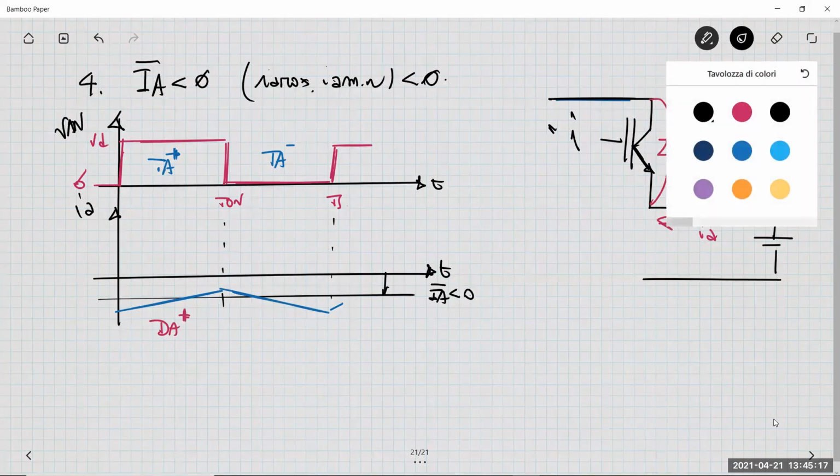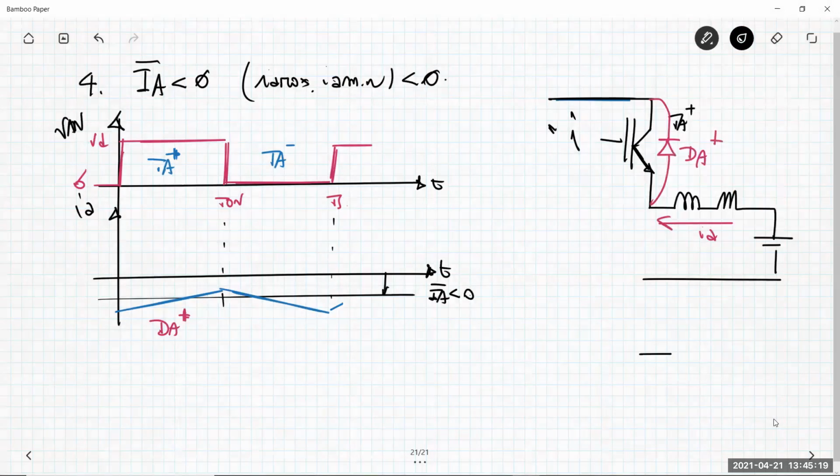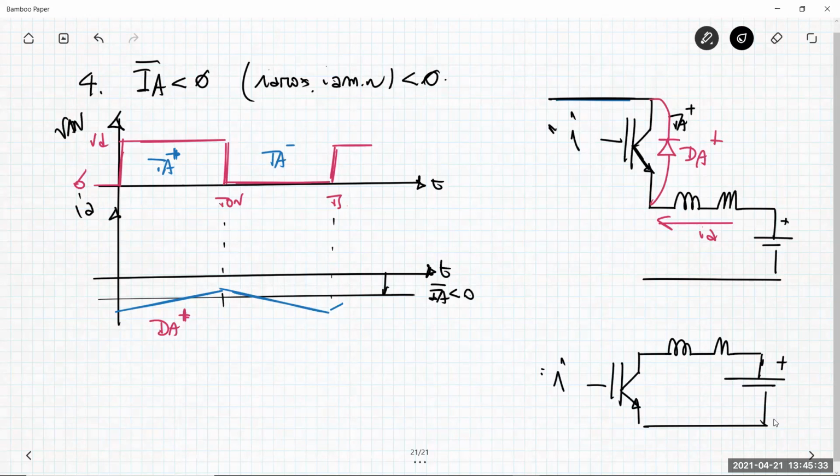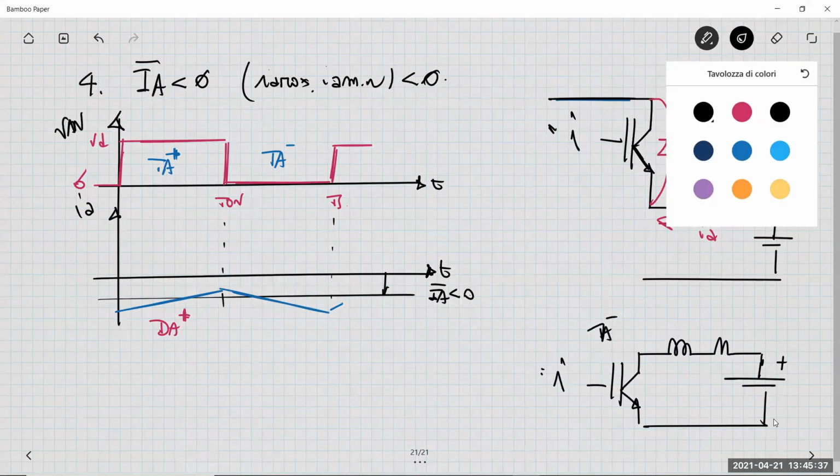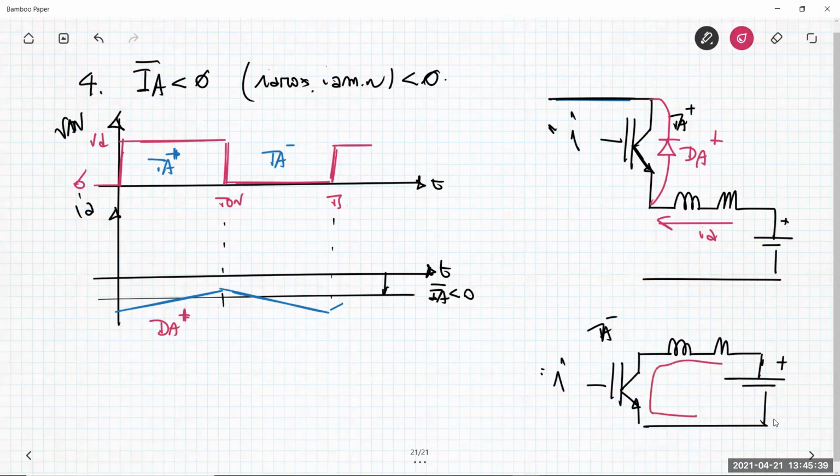When it is the turn of TA minus to become on, okay, TA minus, the current is negative, and the current can be conducted by the TA minus.